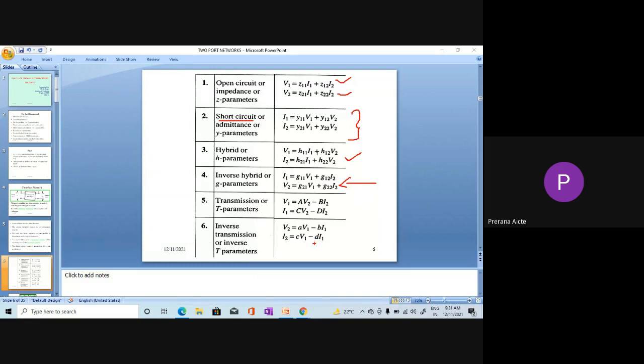While solving different types of networks, different kinds of approaches are followed, based on convenience. From the examination point of view, look at the question, see which parameters the question is framed for, try to understand, and then you can proceed to solve it.